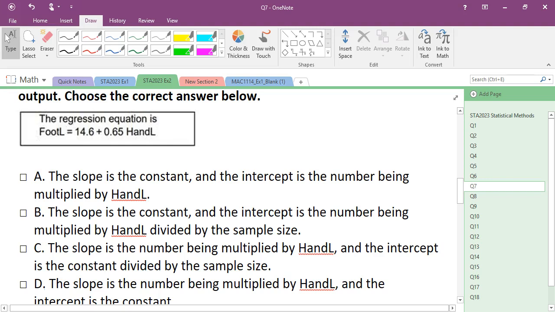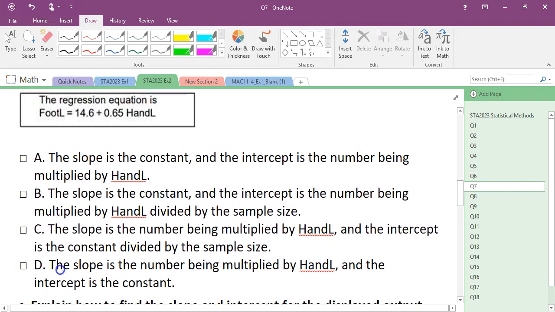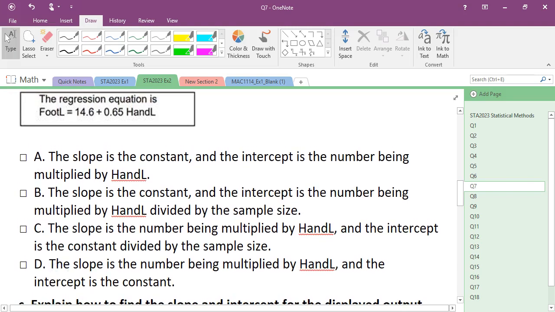B: the slope is the constant and the intercept is the number being multiplied by hand length divided by sample size. C: the slope is the number being multiplied by hand length and the intercept is the constant divided by sample size. D: the slope is the number multiplied by hand length and the intercept is the constant. Which one of these is it? A, B, C, or D, based off of that output.